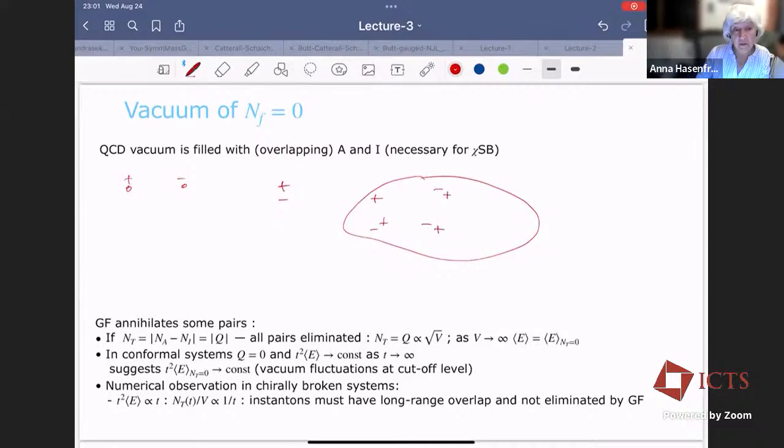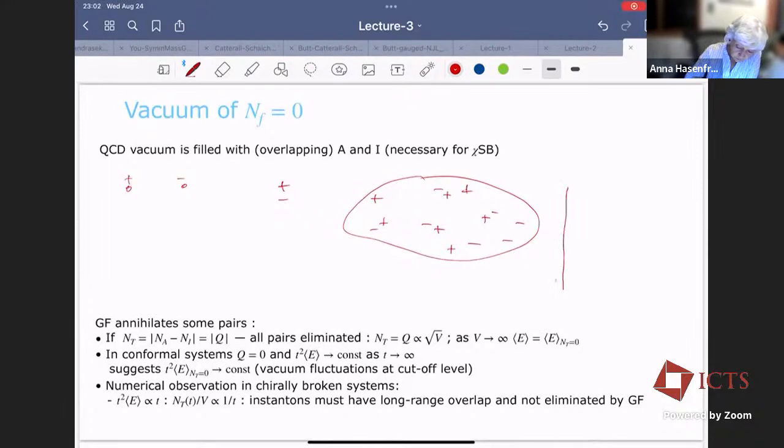They have an overlapping wave function. That is what's necessary for chiral symmetry breaking. That's what we learned from random matrix theory, the instanton gas model, whatever. Good. So these are just three different possibilities for the instanton vacuum.